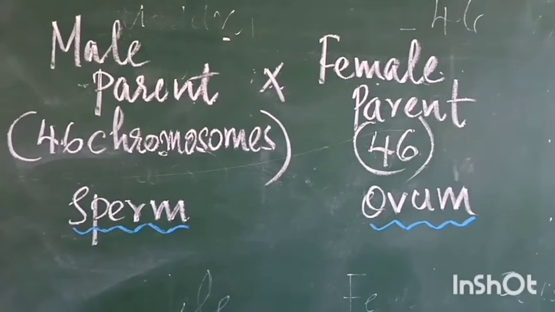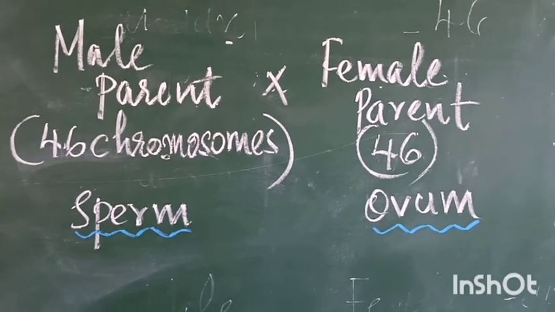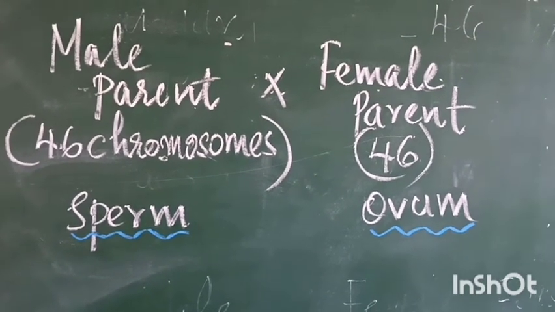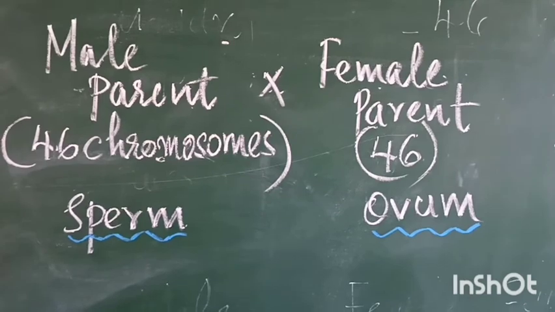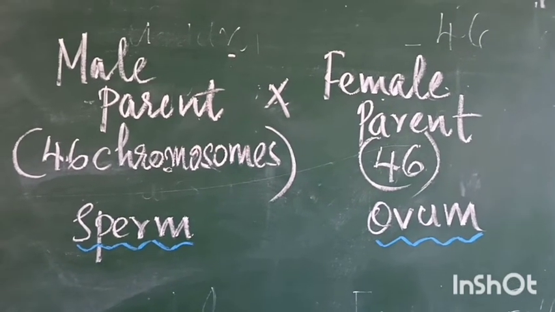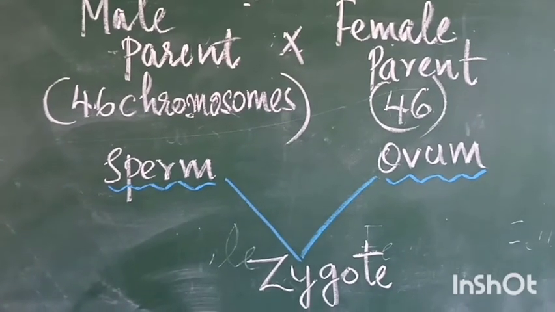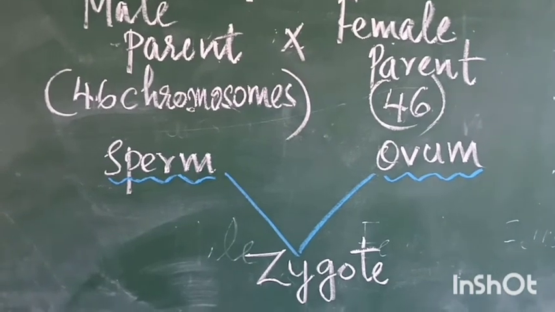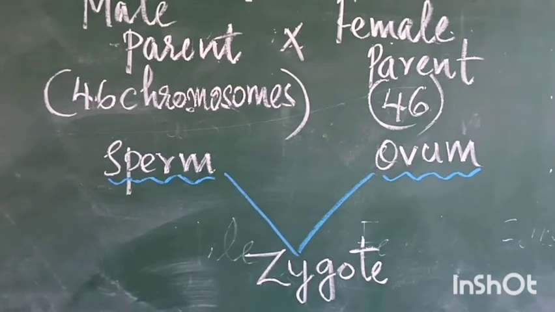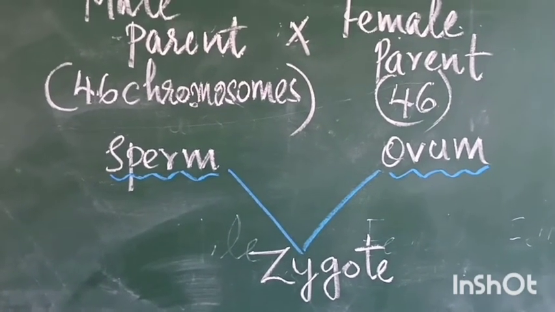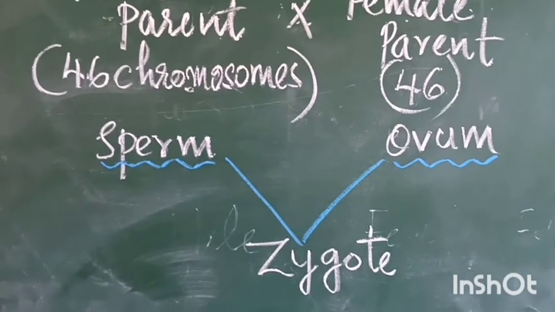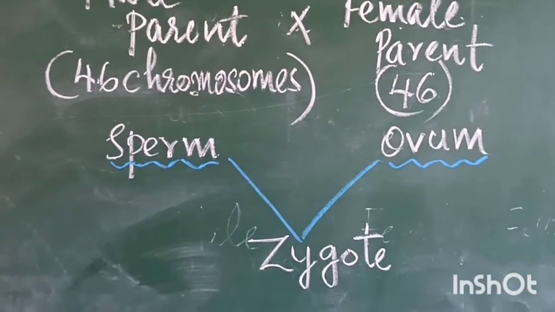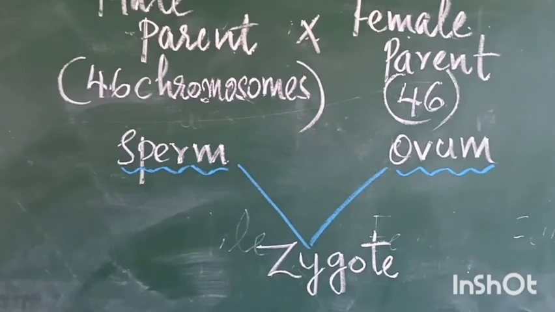And you know that during gamete formation, the male produces sperm and the female parent produces ovum. Sperm and ovum are also single cells produced from the parent body. And during fertilization, this sperm and ovum fuse to form another single cell called zygote.